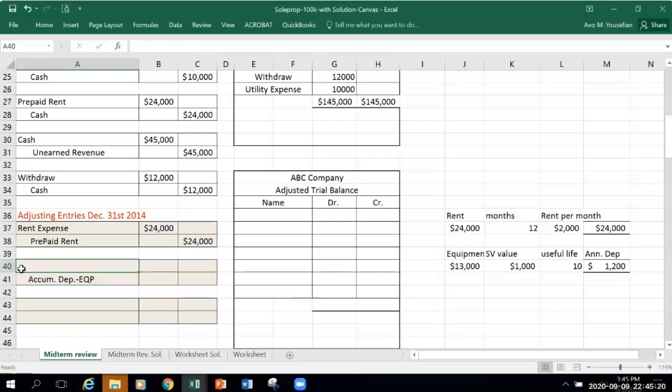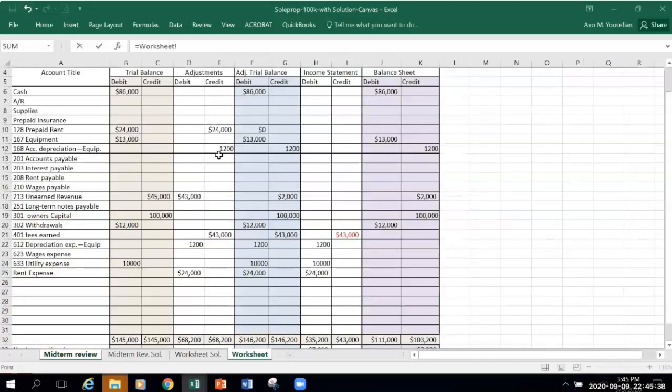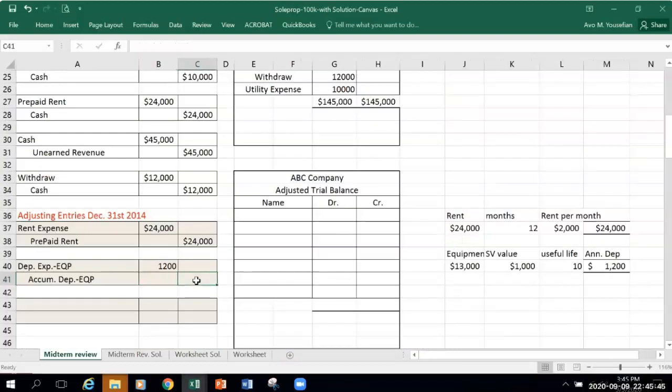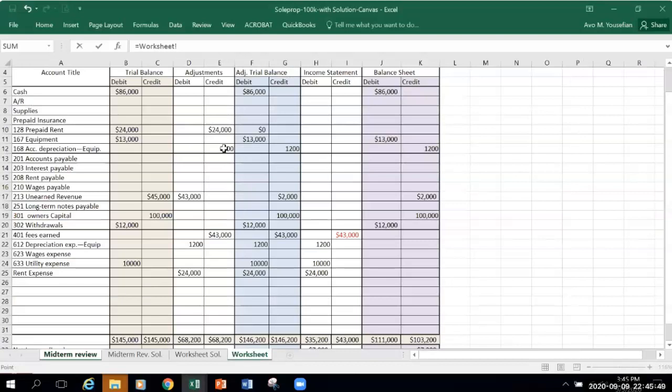This one is depreciation expense dash equipment. So depreciation expense equals the debit: go to the worksheet, and that's the box on the debit side, enter. And accumulated depreciation equals, go to the worksheet, equals that box, enter.